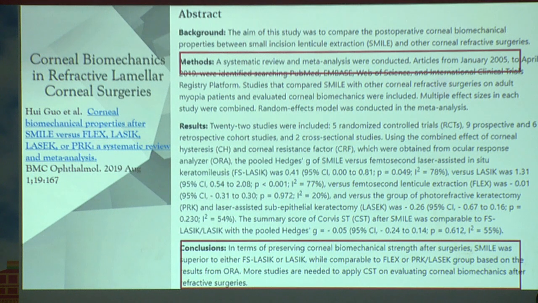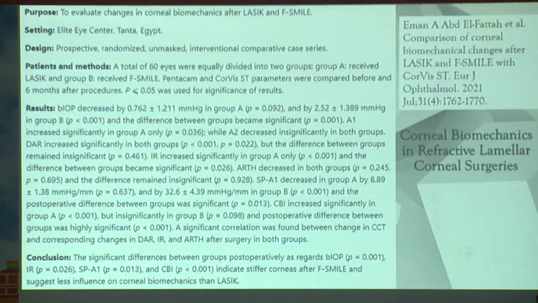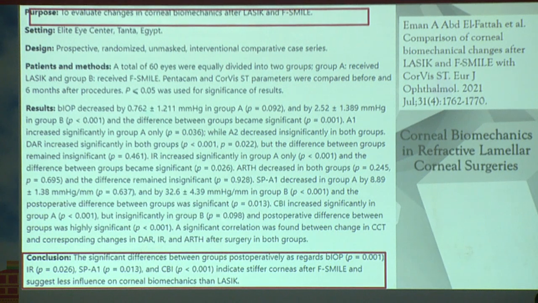Again, I think due to lack of time, we'll not go into much of the literature, but literature currently is quite controversial. Some do tell that there is a biomechanical change with the order being more in femtoflaps, SMILE, and then surface ablations. Again, surface ablations also induce biomechanical changes, though to a lesser extent.